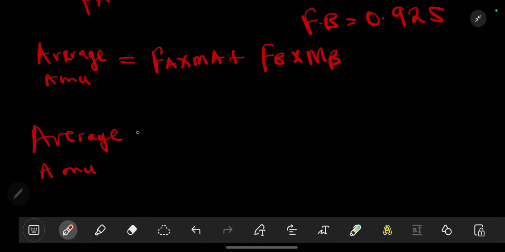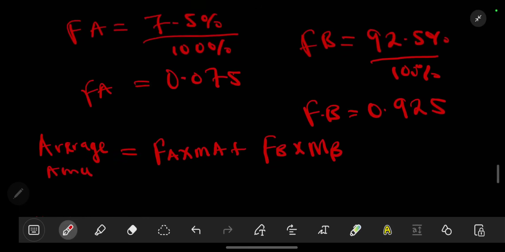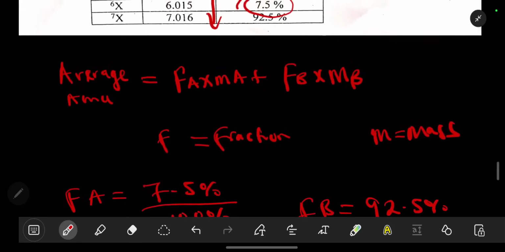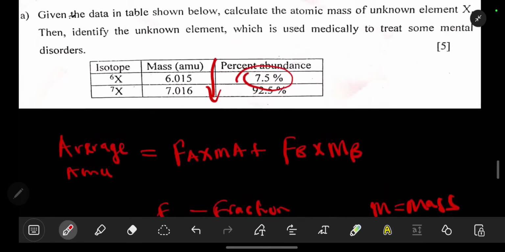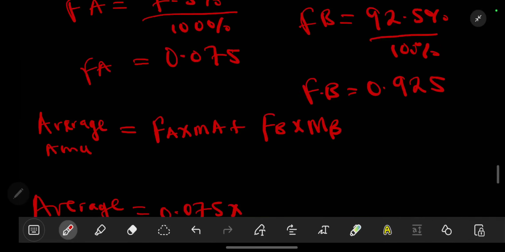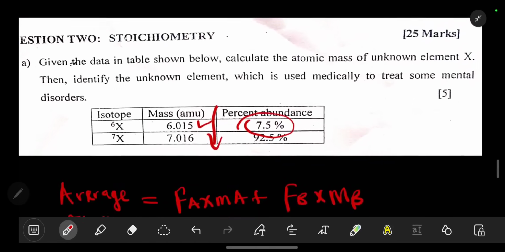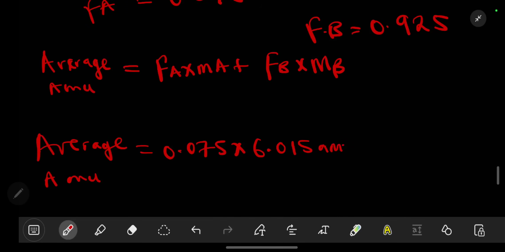atomic mass unit should be equal to the fraction of A, in this case 0.075, times the mass of A. The mass of A is this one, 6.015. Then we take it as our atomic mass unit.